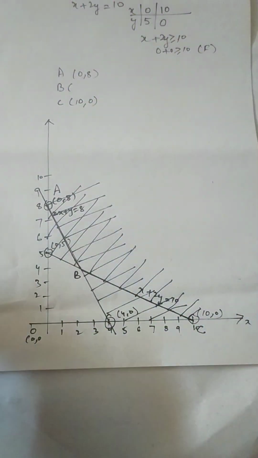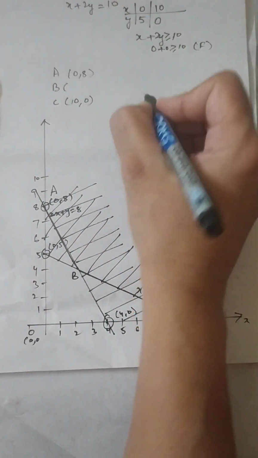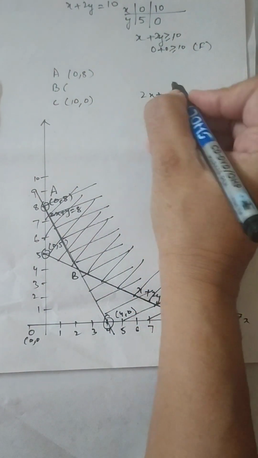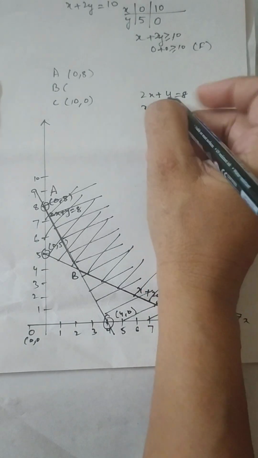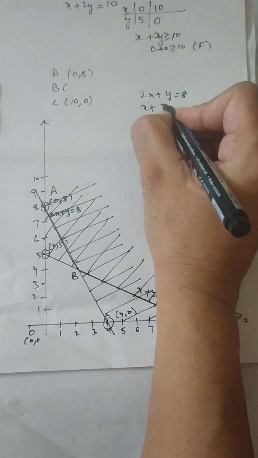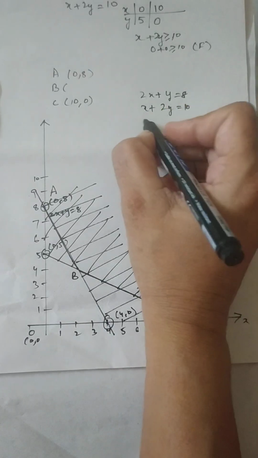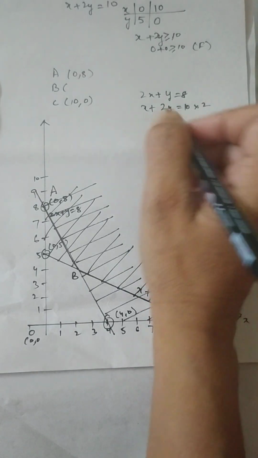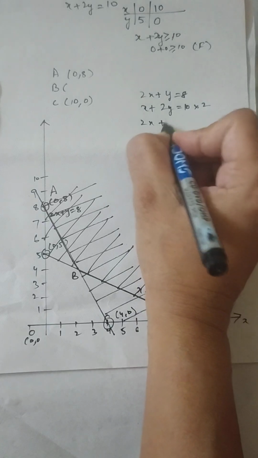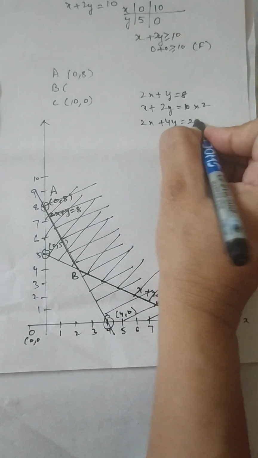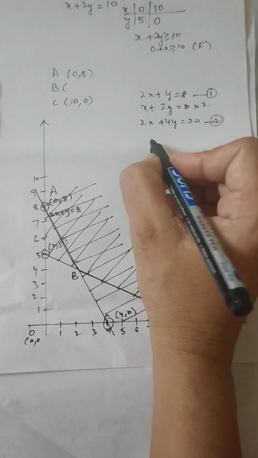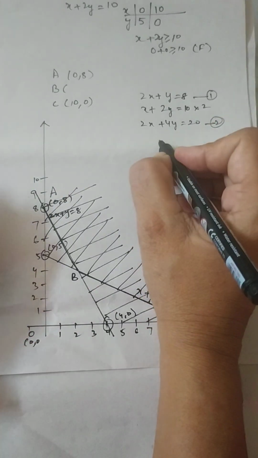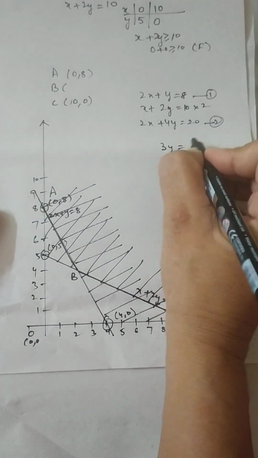Okay, so for finding that, 2x plus y is equal to 8. You have learned this in your 9th, 10th classes. So if I multiply this whole equation by 2, I will have 2x plus 4y equal to 20. So solving 1 and 2, I would get 3y equal to 12.